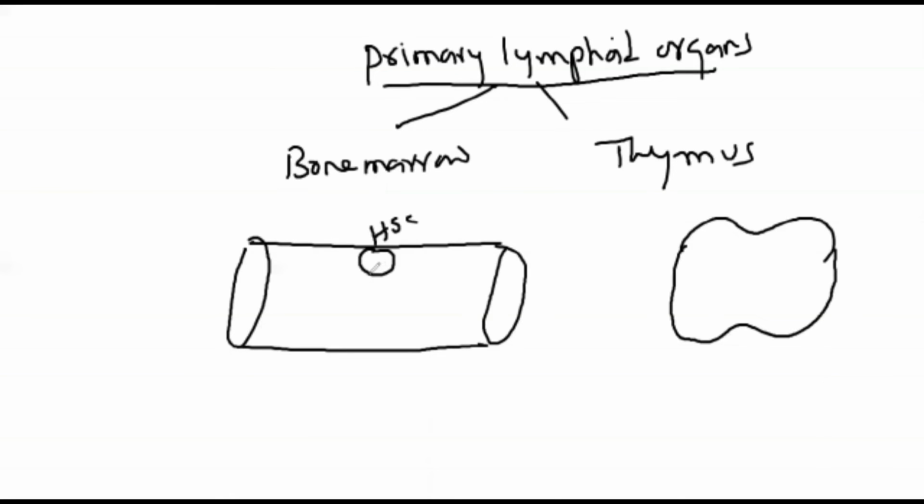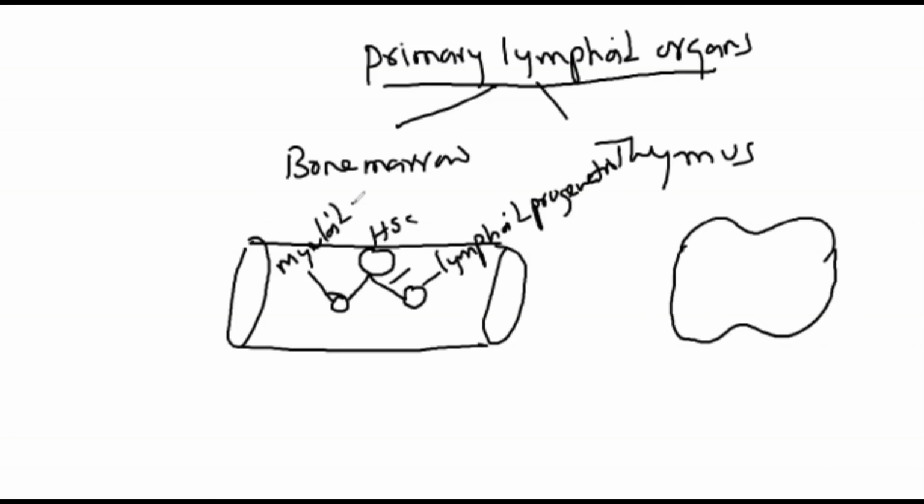A hemopoietic stem cell can give rise to two secondary stem cells: lymphoid progenitor and myeloid progenitor.